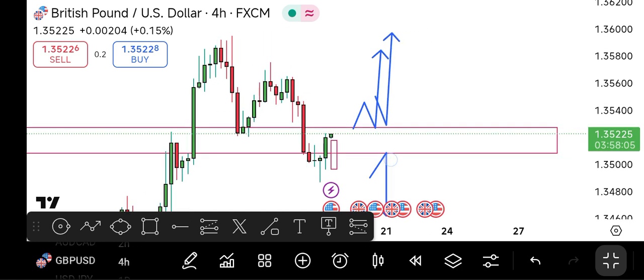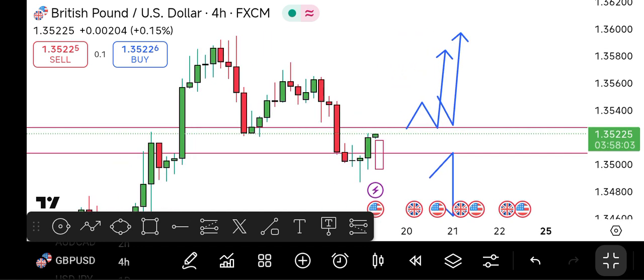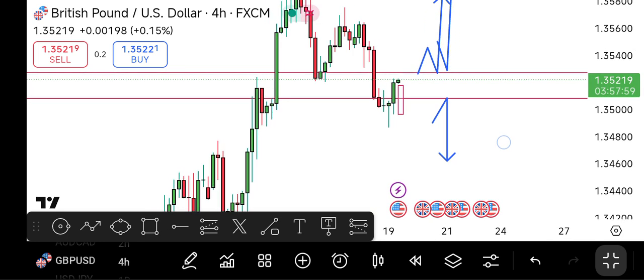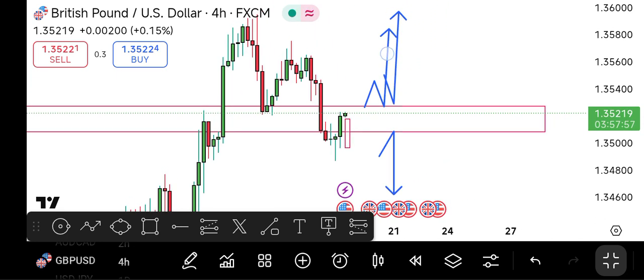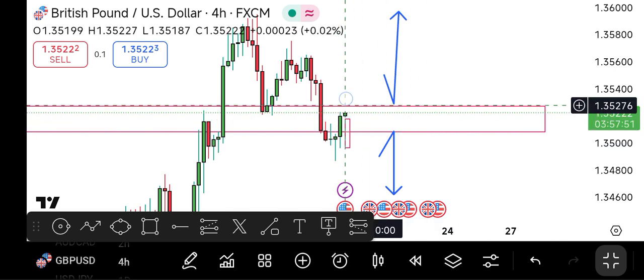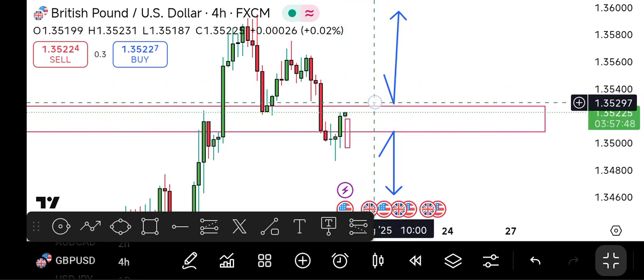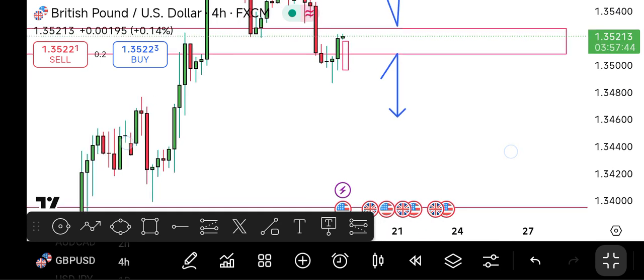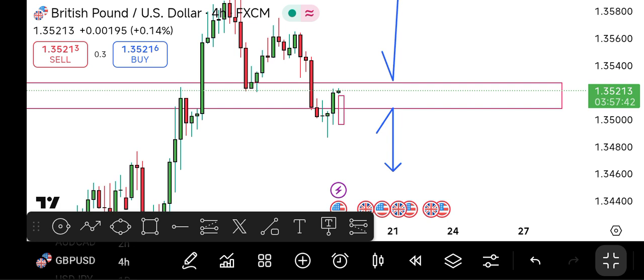So to me, at this level, it's majorly a market correction. So if the market doesn't correct and actually wants to continue the trend, I'll be expecting a clean breakout of this level, then retesting this level back and moving to the upside. So let's wait for how the market plays out.